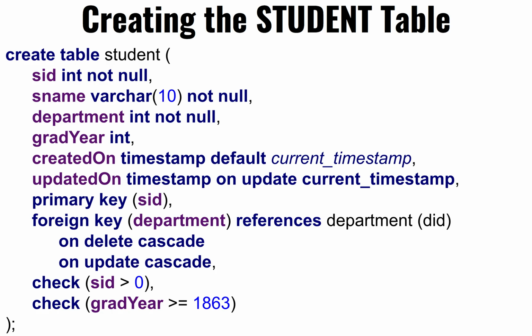I'm going to be removed, or updated. If the department changes from 20 to 21, then I want it to be changed as well. And some validation that the SID has to be positive and the graduation year has to be after the year that the department was created.